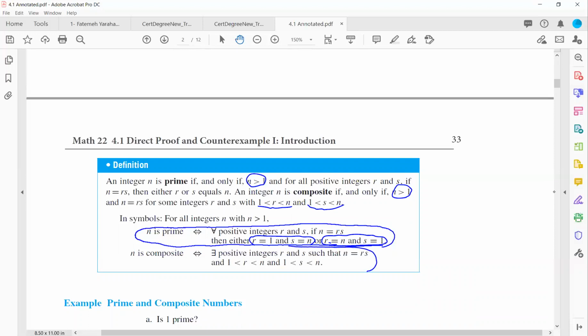Mathematically, n is composite if and only if there are positive integers r and s, existential quantifier, such that n is the product of r and s, and r is between 1 and n, also s is between 1 and n.